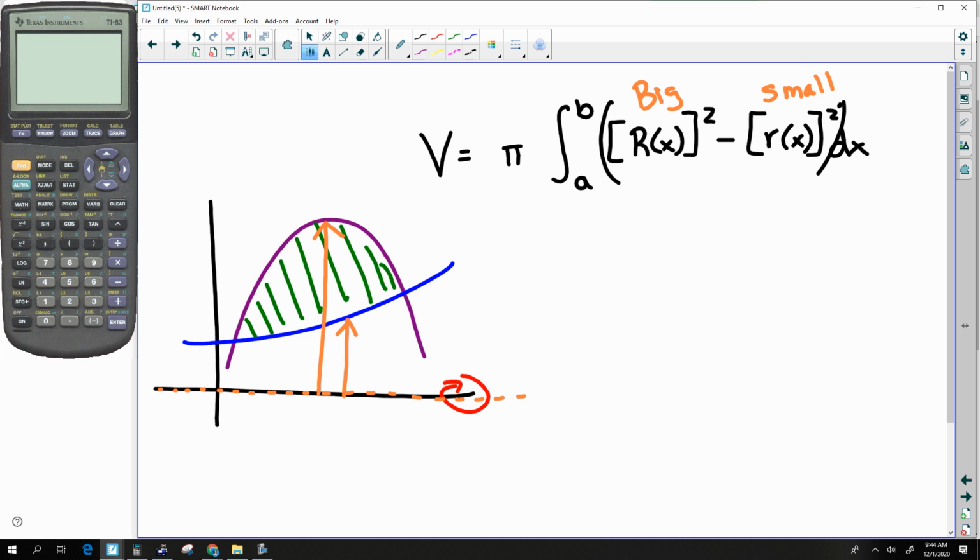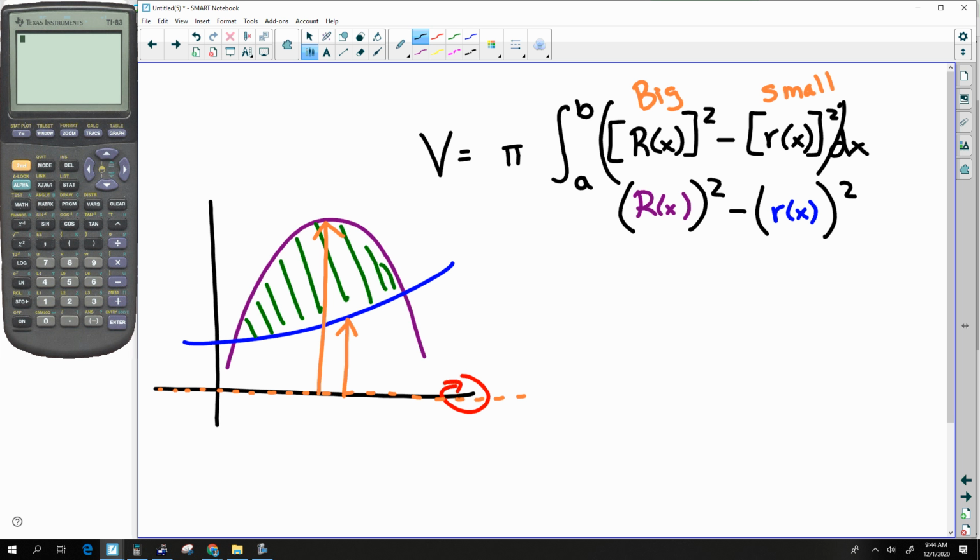That'd be the blue. So I would take this purple equation, square it, and subtract the blue equation, and square it, and then integrate that result. And that's how you handle an area in between two different things.